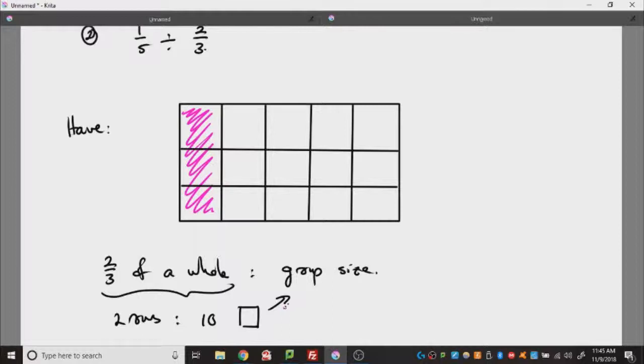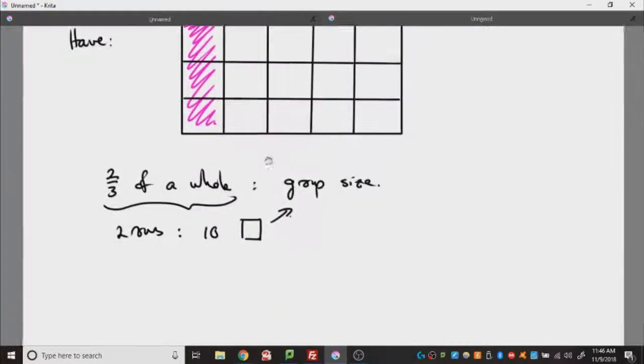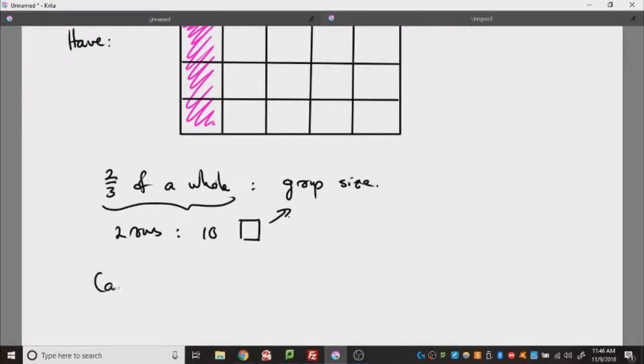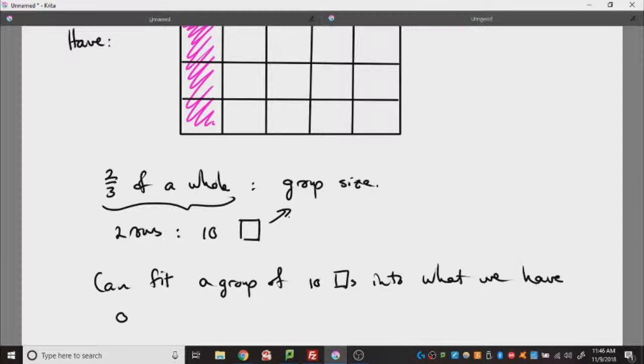So just because I don't have enough originally doesn't mean I can't try and fit it in. But because I have so few pink ones, I can't fit it in even one whole time. I can only fit in a fraction of the group size. So we can fit 10, let's say here specifically a group of 10 squares, into what we have, 0 times.